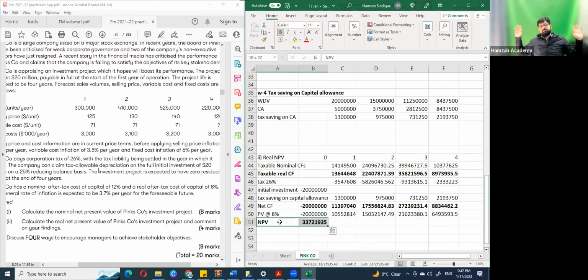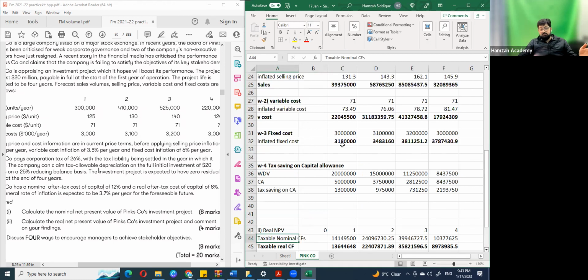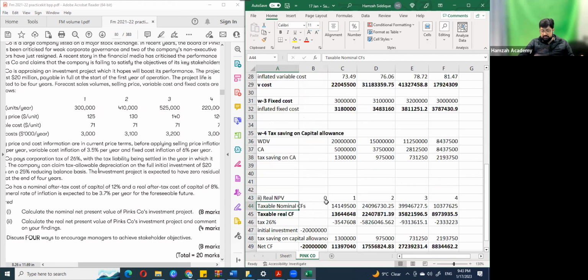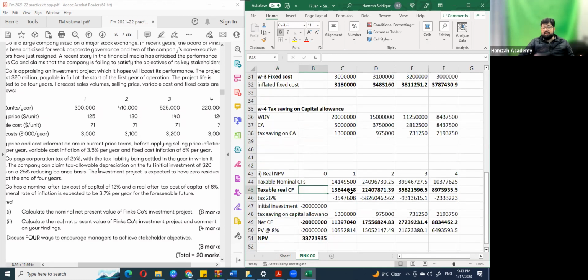I repeat, since cash flows have different inflations, we calculated taxable nominal cash flows through inflation. The same we did here. Then we discounted them using general inflation rate, converted them to real, then paid tax and remaining adjustment.